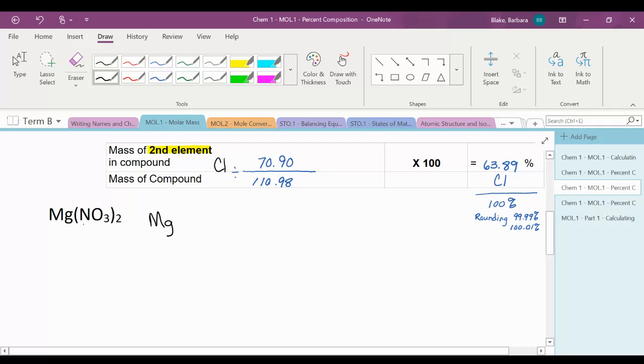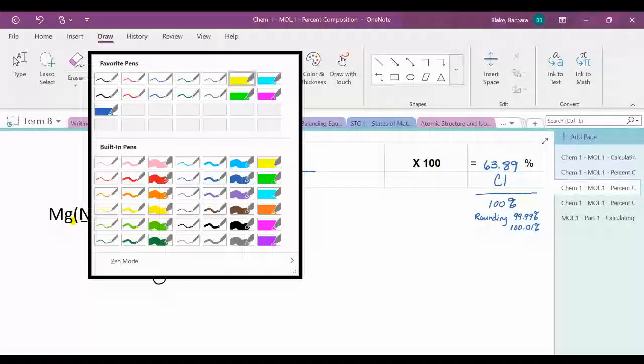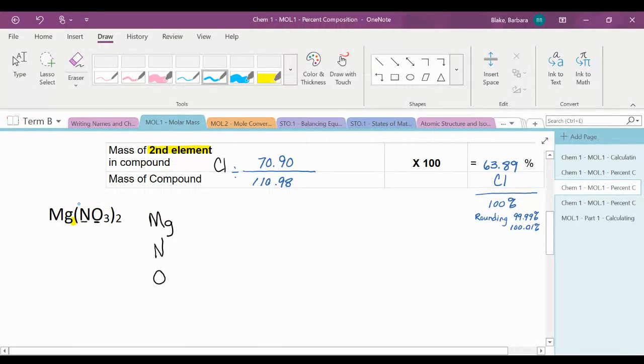And remember with the polyatomic, I've got nitrogen and oxygen together, so I have to break those apart into the nitrogen and into the oxygen. And as far as counting these, well, there is no subscript by magnesium, and magnesium is not in my parentheses. So these are sacred, and magnesium's not part of it.